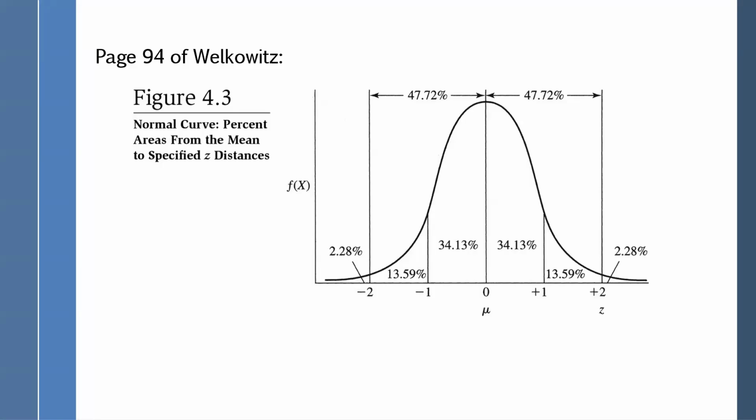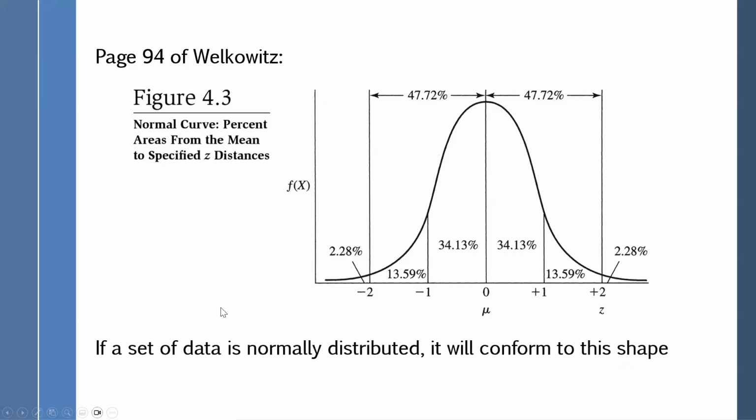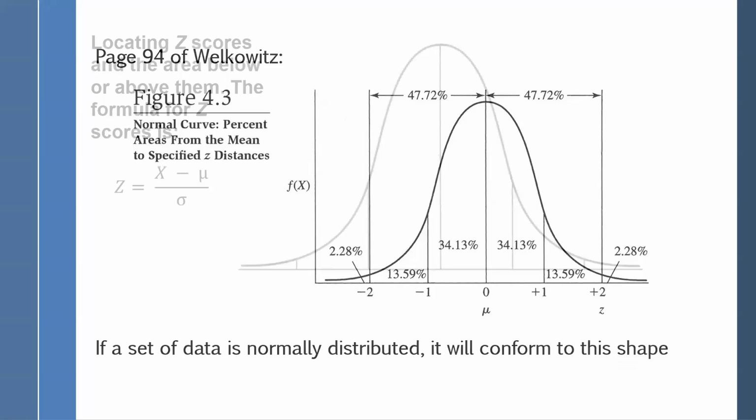The center is 0 because when we're talking about z-scores, the mean of the distribution is 0 z-scores from itself. Remember that a z-score is a standardized score where individual raw scores have been converted into z-scores using the formula that I'll show in a second. But the data will fit this shape.